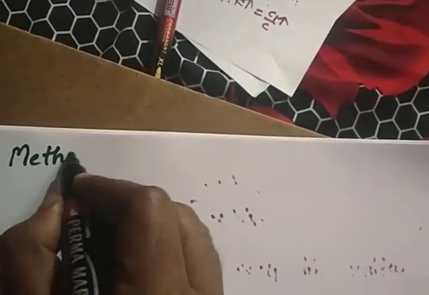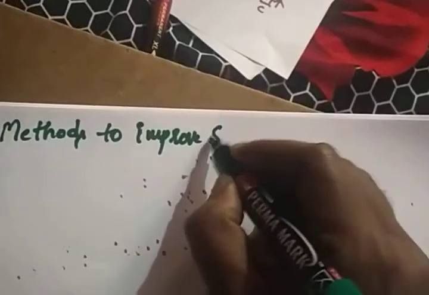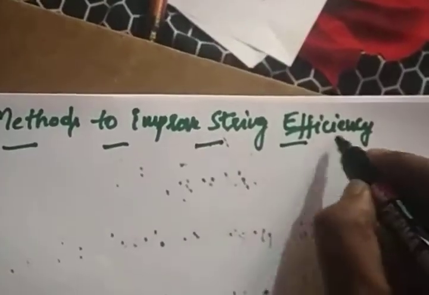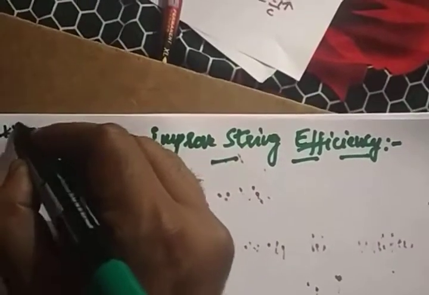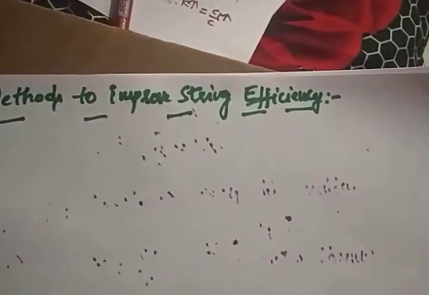Methods to improve the string efficiency. Very, very important concept. It is our duty to maintain uniform voltage across each disk, which means we need to increase the string efficiency.